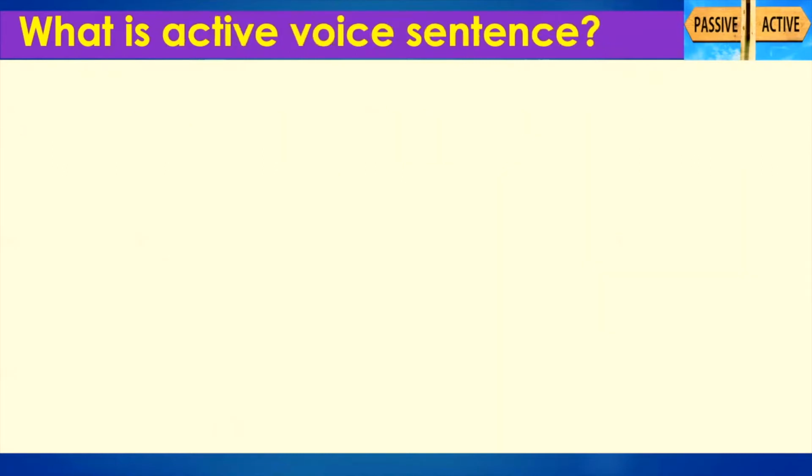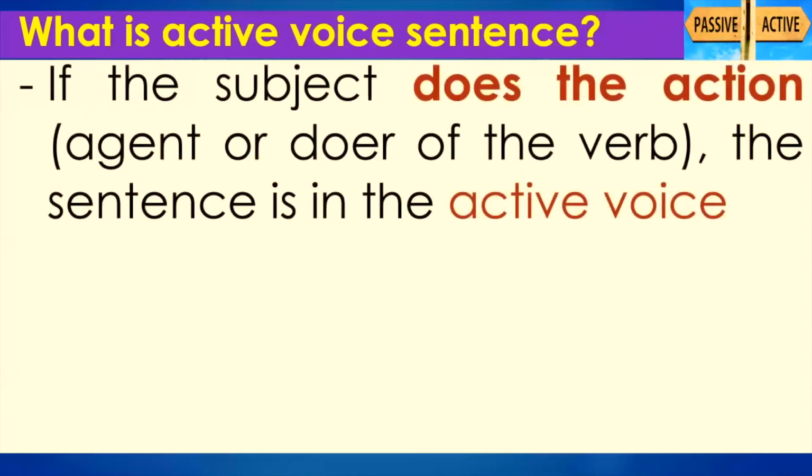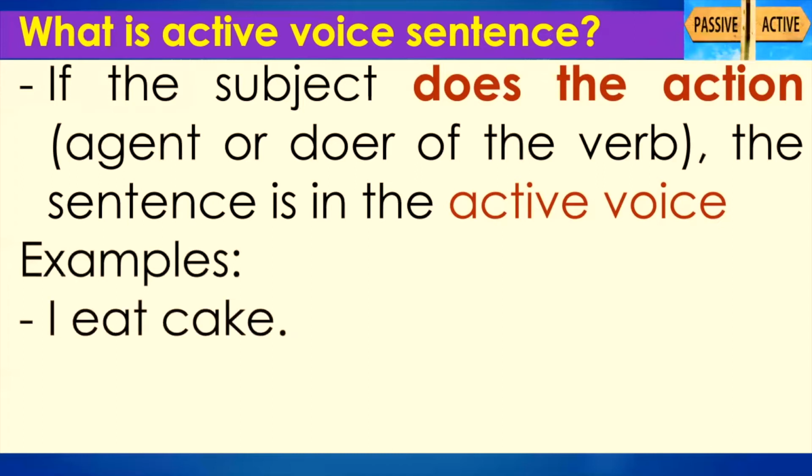This time, let's understand what is active voice sentence. If the subject does the action, meaning the subject is the agent or doer of the verb, the sentence is in the active voice. Examples: I eat cake. What is our verb here? What word expresses action?